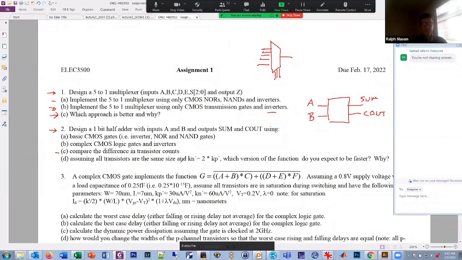D, assuming all transistors are the same size and Kn equals 2 times Kp, so the mobility of electrons is twice that of the holes, which version of the function do you expect to be faster and why? This requires a little bit of explanation.